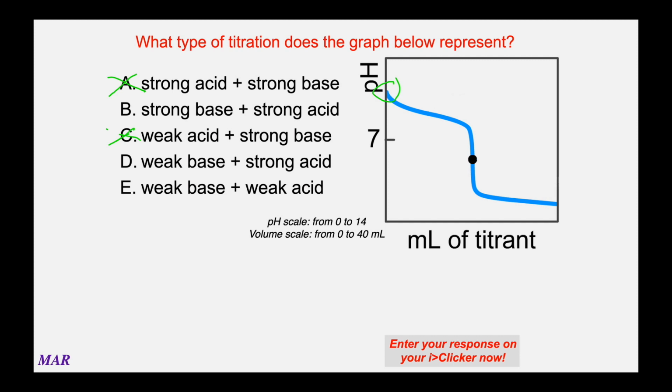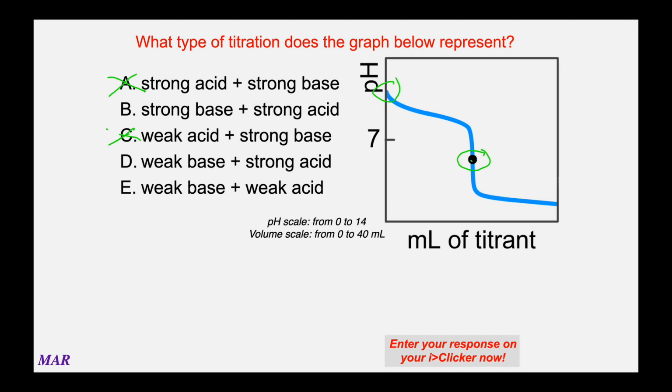Let's think about what else is going on. After I figure out what you start with, the next thing I look at is the equivalence point pH of the titration. That's what that little dot right there is. It's the middle part of the steepest part of the titration. That equivalence point pH will be a hint.